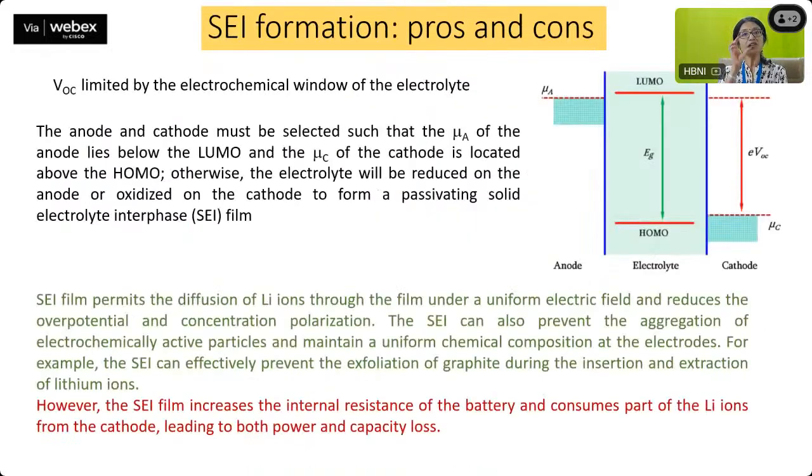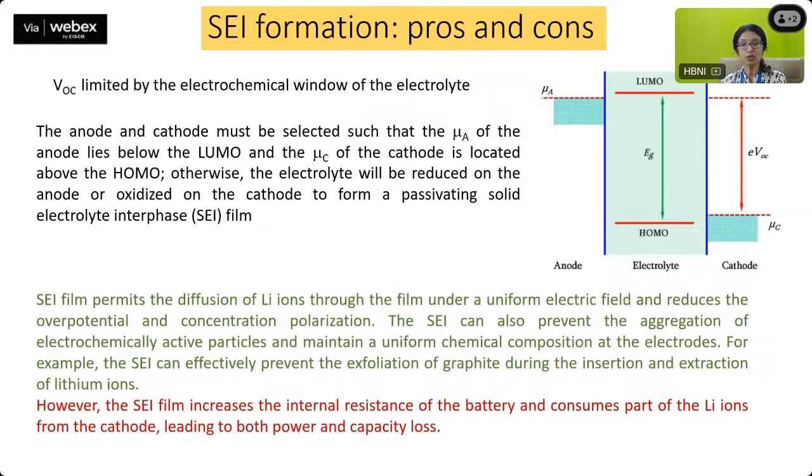So now this open circuit voltage is limited by what? It is limited by the electrochemical window of the electrolyte. The electrolyte also has its HOMO and LUMO levels, with different salts and different kinds of solvents. So the open circuit voltage you see in a battery is limited by the electrochemical window of the electrolyte.